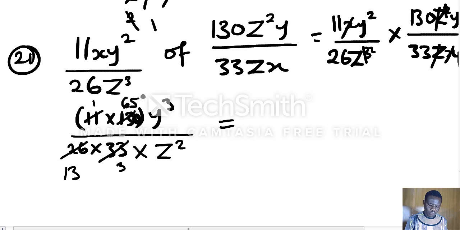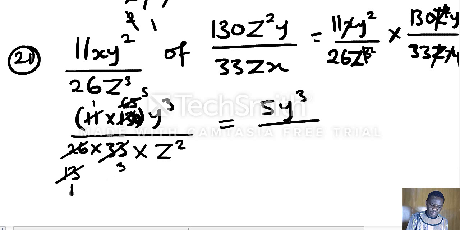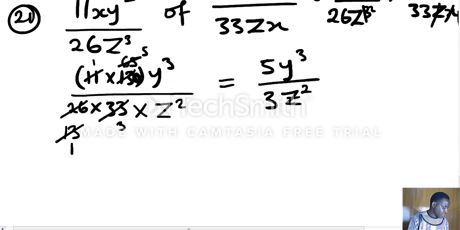What else can divide? I think 13 should be able to divide this. 13 into itself is 1. 13 into 65 is 5 times. So that my answer now becomes 5y cubed divided by, this is 1 times 3 times z squared, becomes 3z squared as your answer.